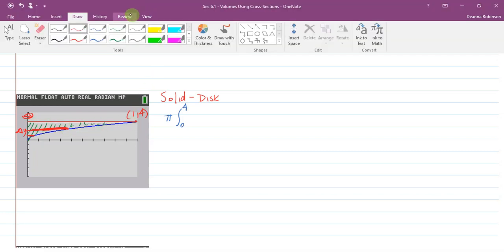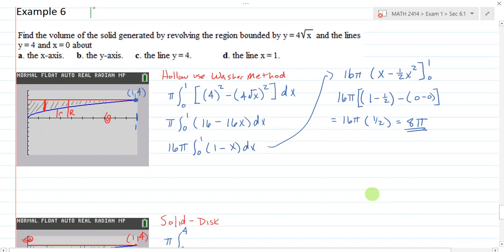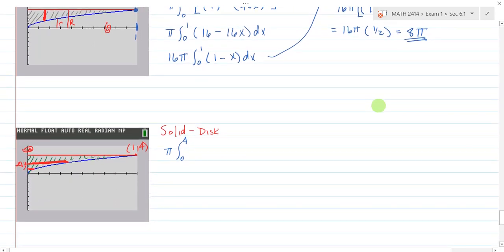So how would I represent that function? Well, the function we were told, this blue function, was y equals 4 square roots of x. When I change my variable of integration to y, that length there is going to be the x. So I need to solve this equation for x. So what is x going to be equal to?